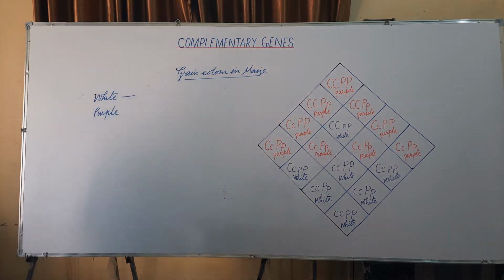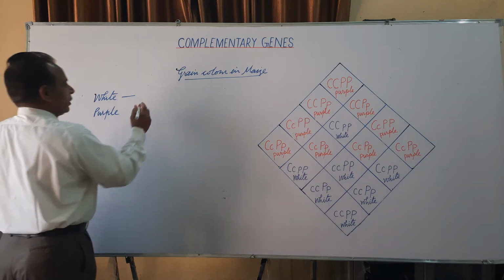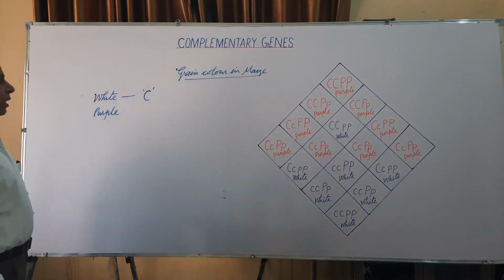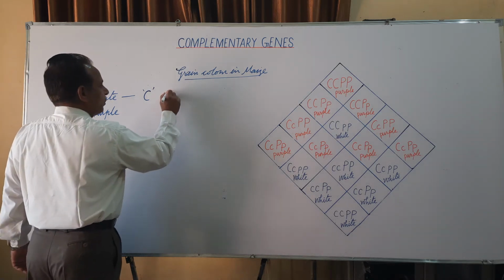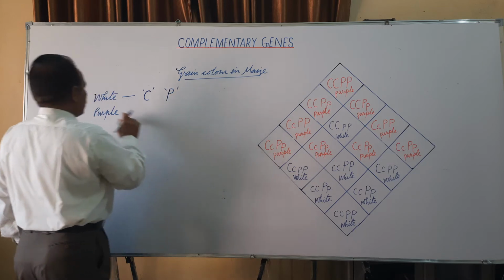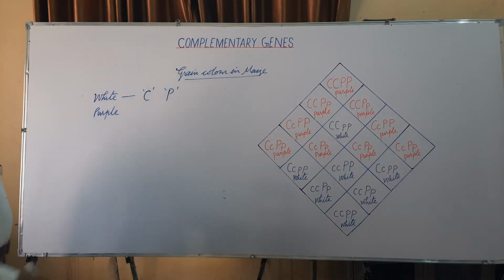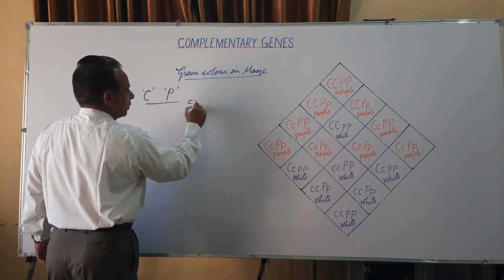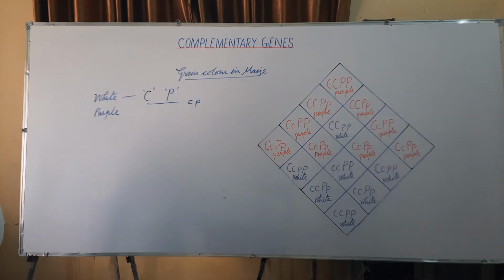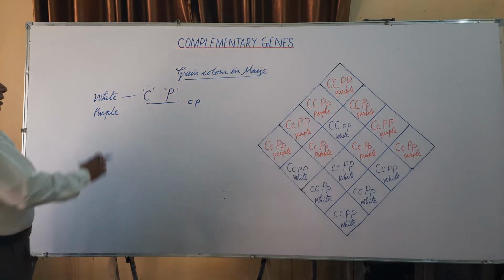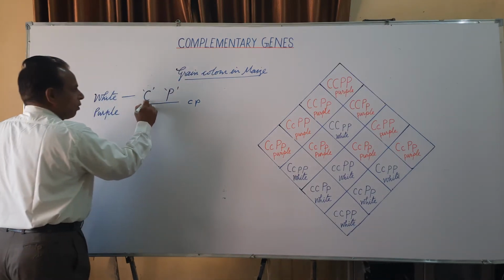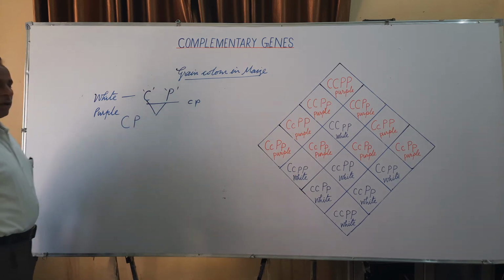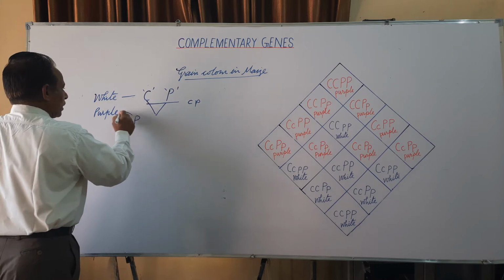White grain is due to a dominant gene C, and another non-allelic dominant gene P also causes white grain. And in the recessive condition of both, the grains are white. When both are present together, C and P in dominant form, the grain becomes purple.